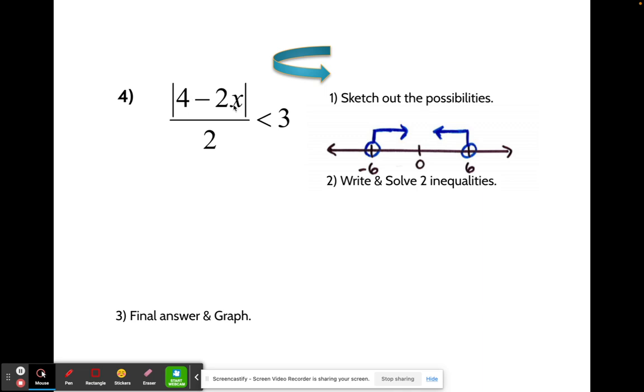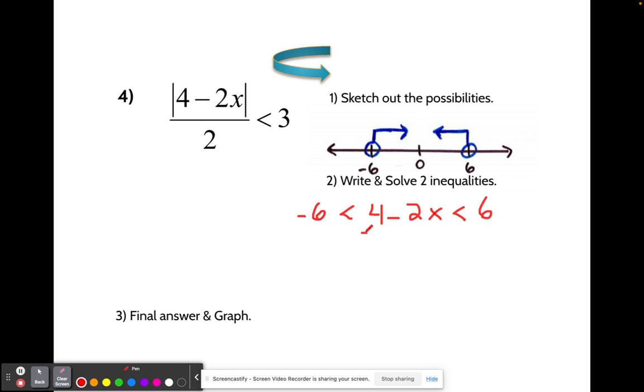My value of 4 minus 2x can be greater than negative 6, and my 4 minus 2x can be less than positive 6. So I'm going to write my inequality. I have negative 6 less than 4 minus 2x, less than positive 6.